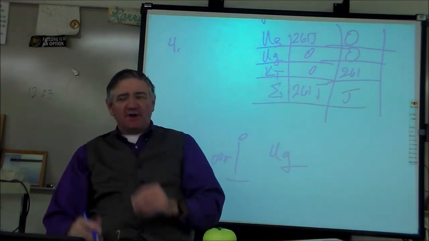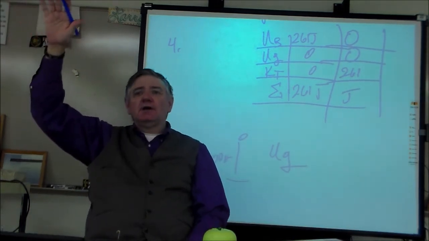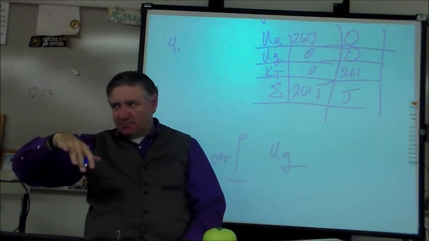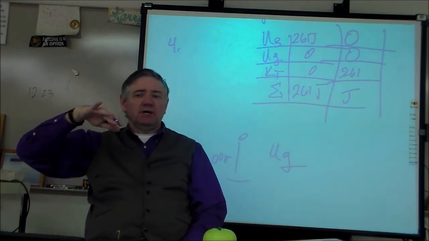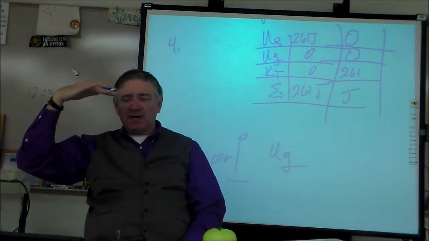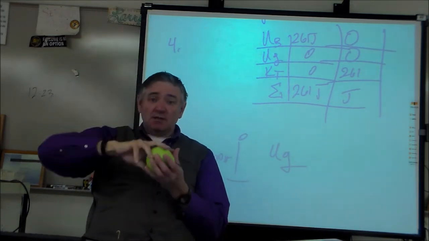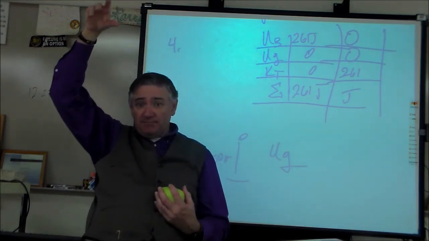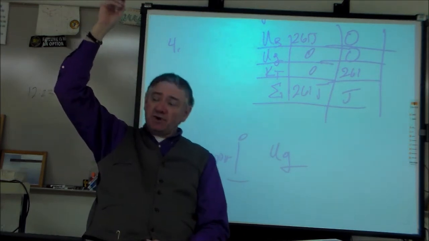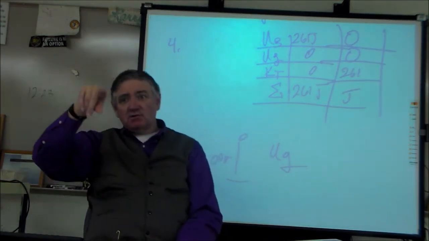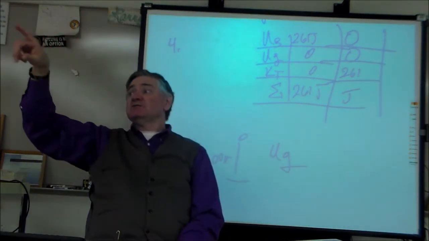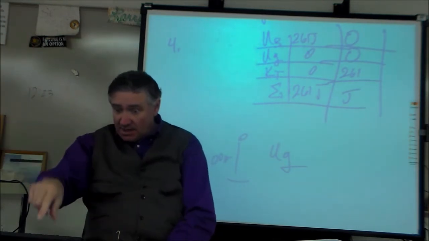Now, if I just drop it, what's my initial kinetic energy going to be? Zero, right? I'm not going to have any. But here's what's different. On this one, instead of just dropping it, I'm going to throw it down, okay? So since I'm going to throw it down, it's going to have UG, but it's also going to have some kinetic energy, right?